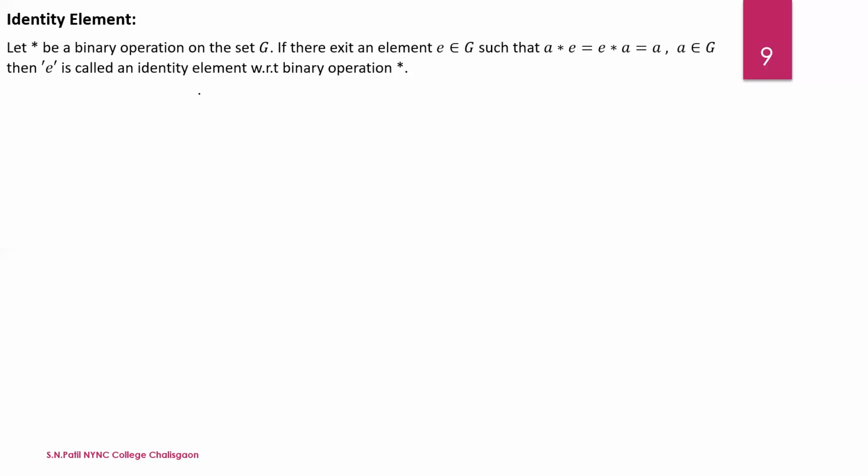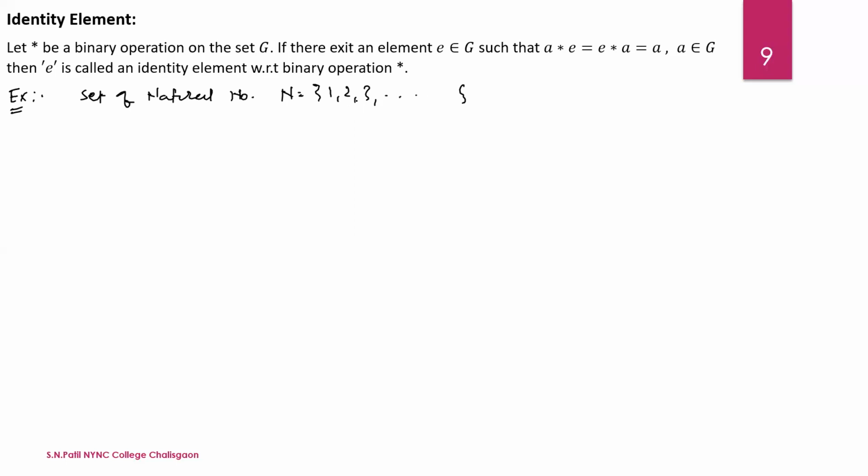Now, for example, if we consider the set of natural numbers N, that is 1, 2, 3, 4. Now by definition, A star E, first we define the star operation.